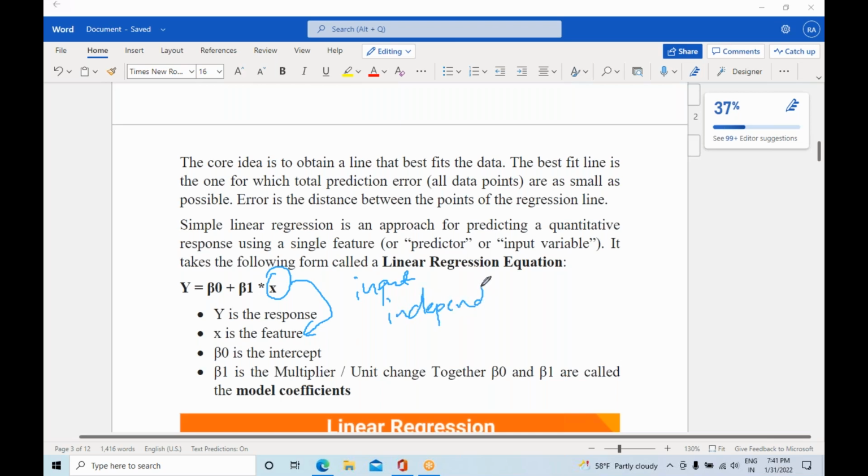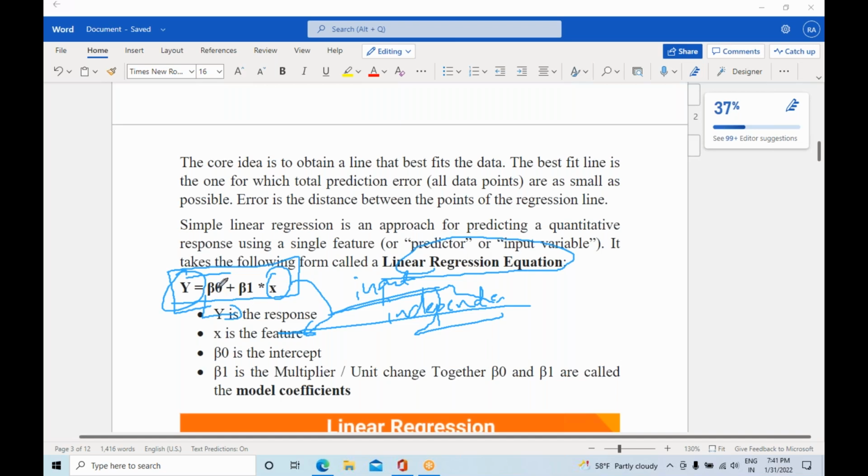Independent variable, input variable, and so on, everything is the same. When coming to y, y can be the response variable, the dependent variable, or the output variable. So this is the equation we call the linear regression equation.